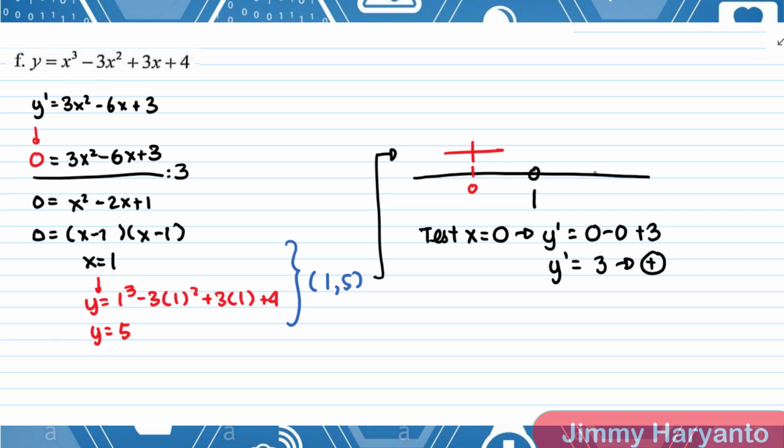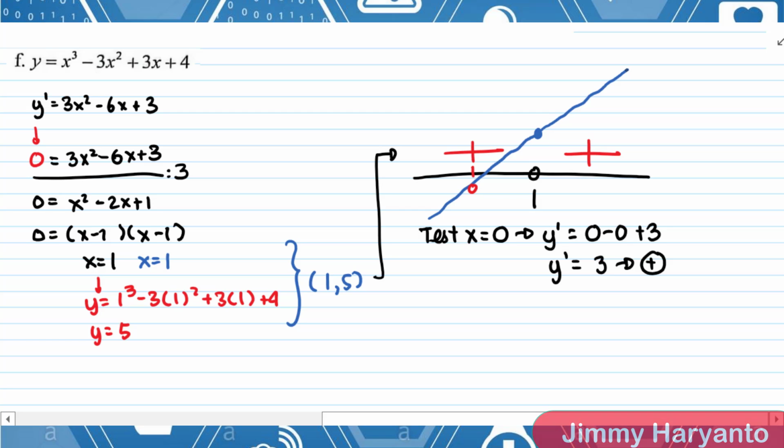And then for x more than 1, you can test for x equals 2 and so on. But as you can see, we have x equals 1 twice right here. So we have to let the sign be the same. When the first one is positive, the second one will be positive also, because the factor is repeated twice. If there are 2, it means they are the same. So here we see positive, that means increasing, and after this point it's also increasing.